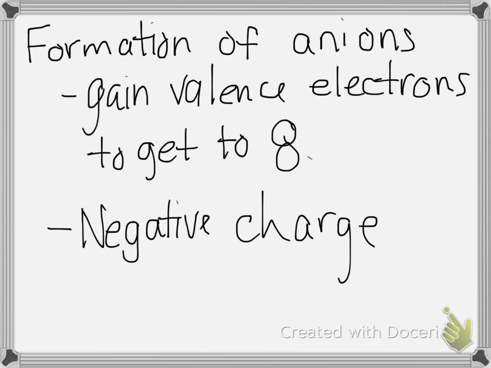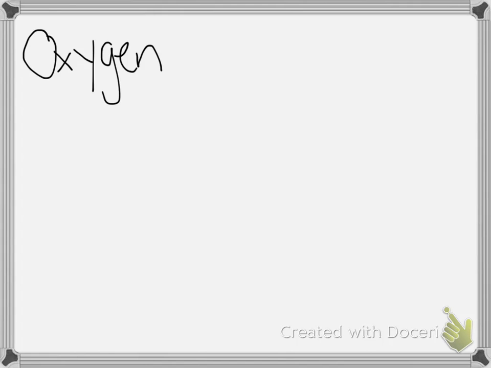Anions, on the other hand, want to get to 8 valence electrons. And so they're going to gain electrons to do that, and they're going to end up with a negative charge. In our example of oxygen, oxygen has 6 valence electrons, so it's closer to 8. Remember before with cations, we subtracted 0 to get to 0.